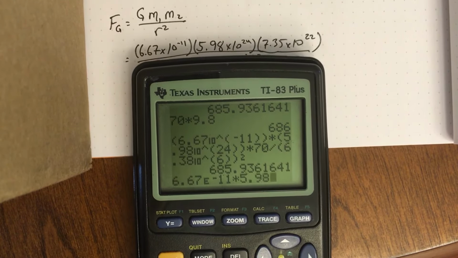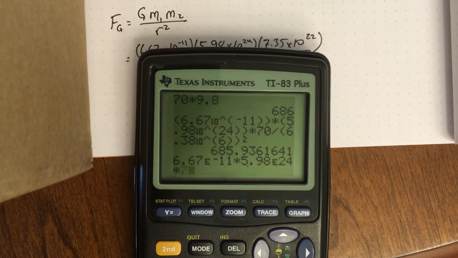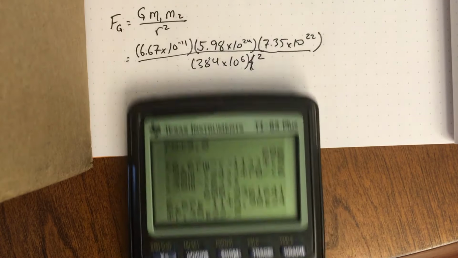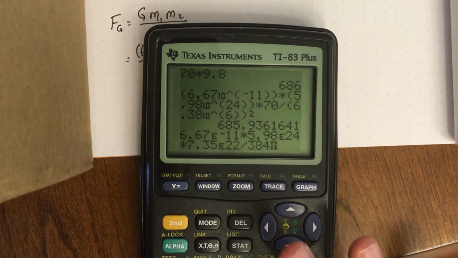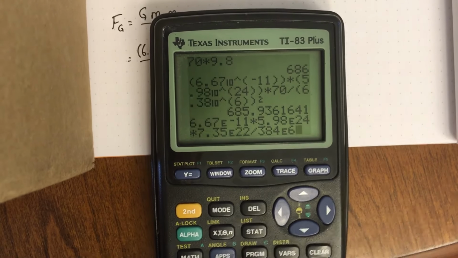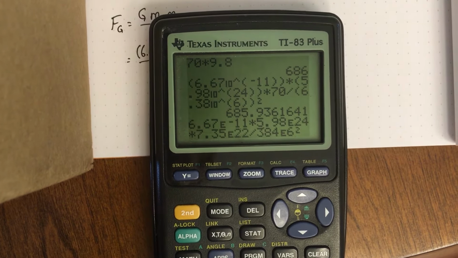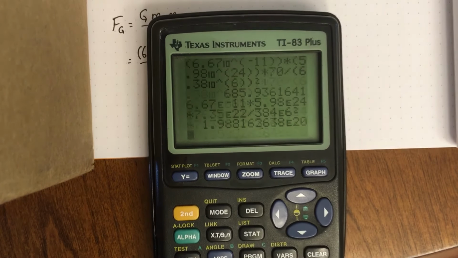Times 5.98, 24th, 7.35, 10 to the 22nd, divided by 384 times 10 to the 6th. And the cool thing is, even with this, I don't actually have to put the bottom one in parentheses if I'm using the E's, because your calculator is smart enough. If you're using the other method, you do.